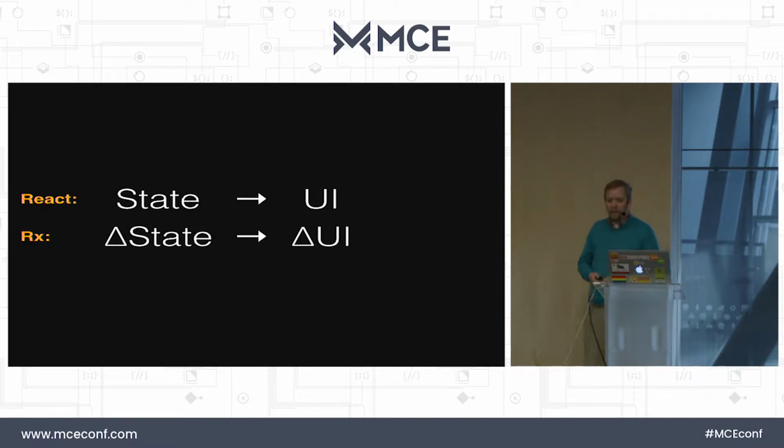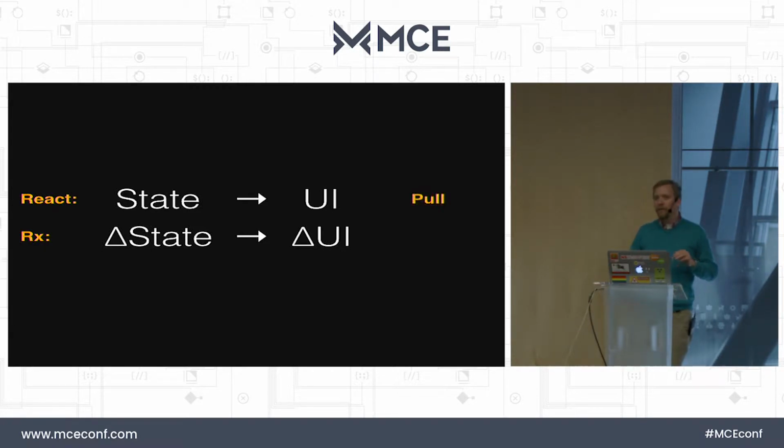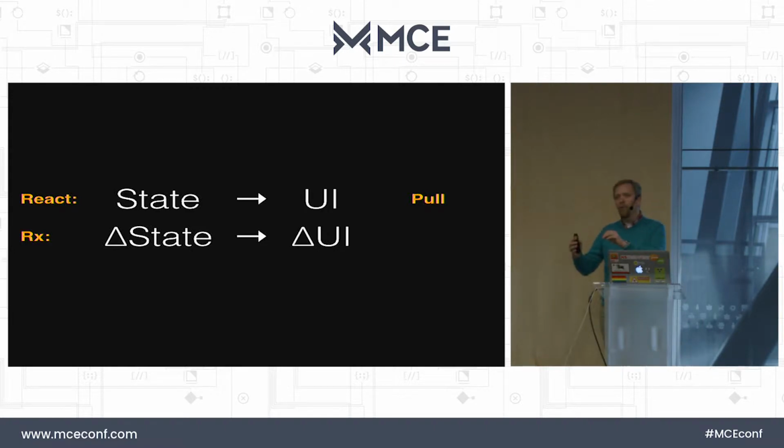So we have two frameworks for doing these separate but interrelated things that we have been doing for decades. To reformulate these things a little bit, I think React emphasizes the pull model, where whenever you want the latest state of the UI, you just run this render function and you get it. While Rx is more about a push model.